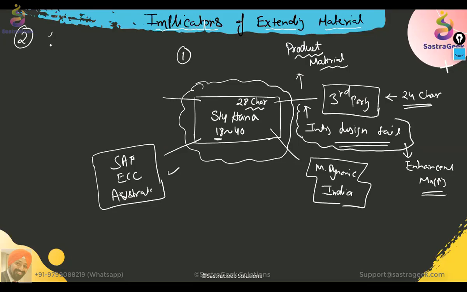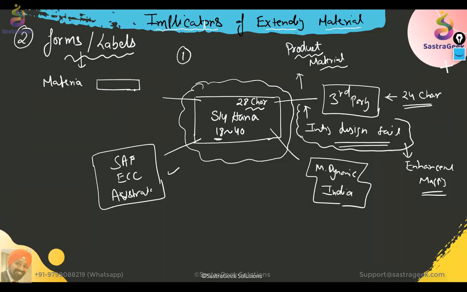Second thing, your forms or your labels. You have already designed some forms and labels, especially when you're doing conversion from ECC to S/4HANA. In these forms, for material, you would be giving some space.